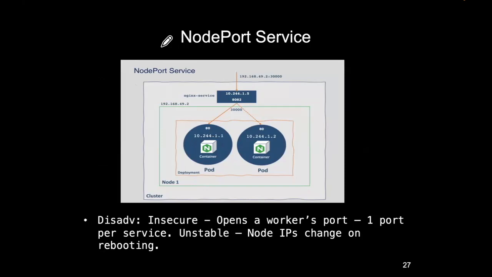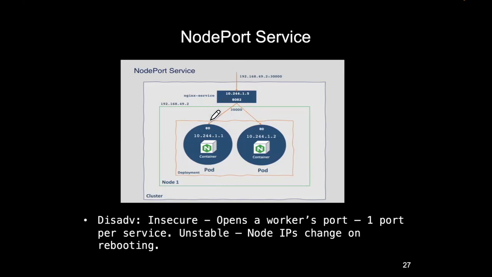The cluster IP type that we've just been looking at is not accessible outside of the cluster, other than doing port forwarding, but that's not much usually. Port forwarding is fine for debugging, but other than that, it's not much use. So a cluster IP service is not accessible outside of the cluster. A node port service is accessible outside of the cluster.